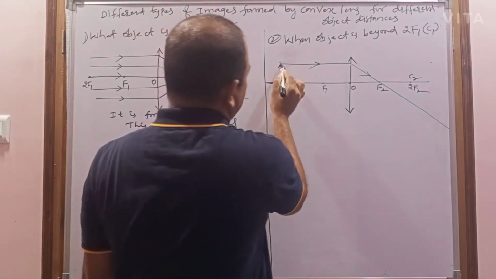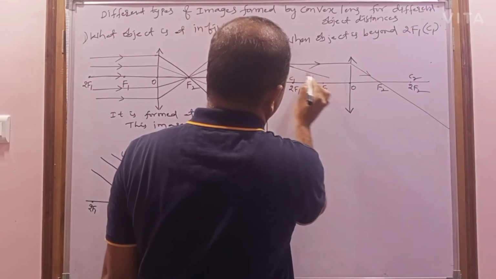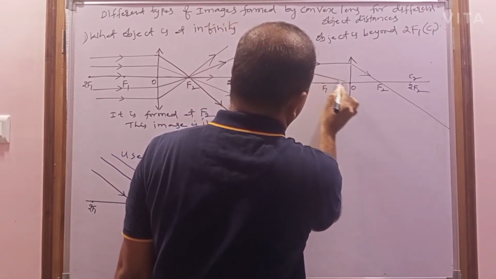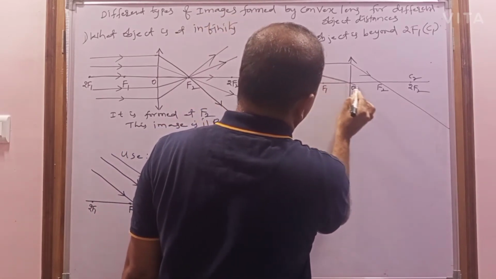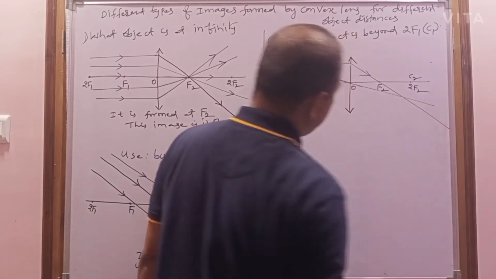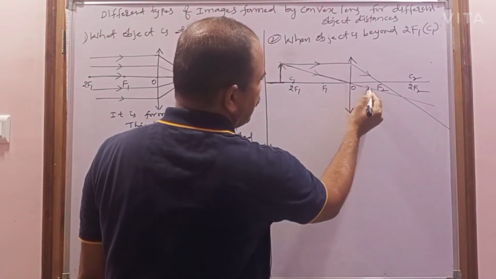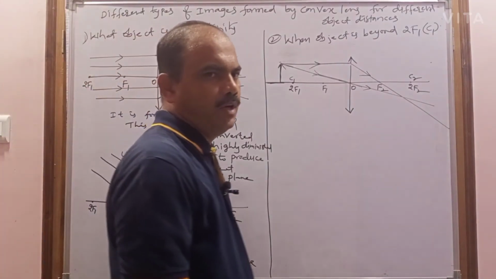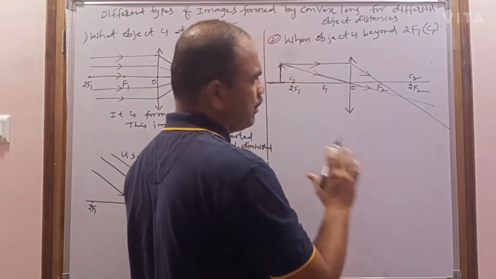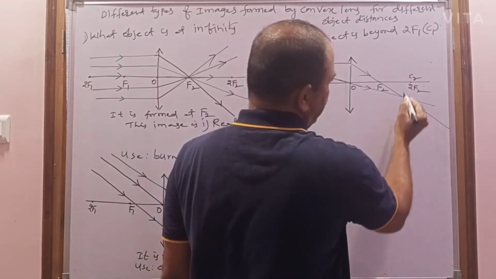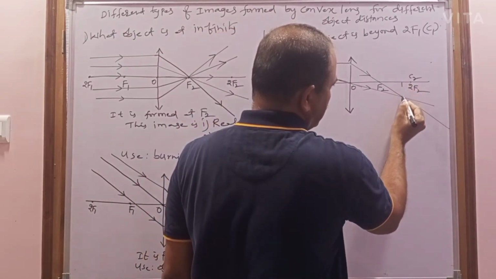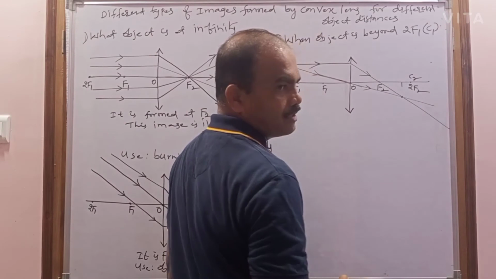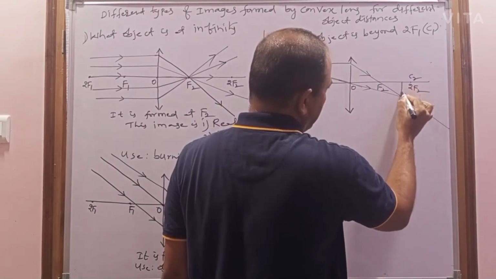Now taking the second incident ray, passing through the optic center, it continues the same path without deviation. How many minimum rays are required to form the image? Two rays are enough, so I am taking only two rays. Where is the image formed? At the point where the two refracted rays intersect. So here the image is formed.